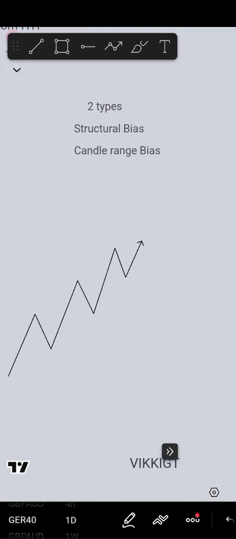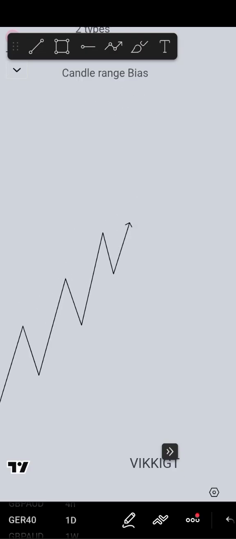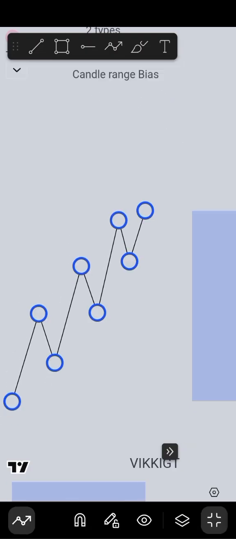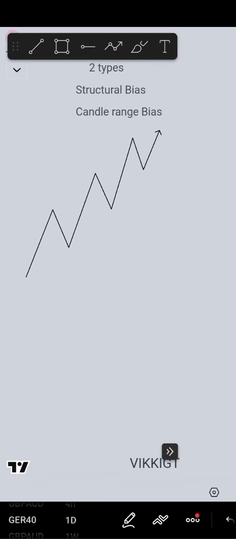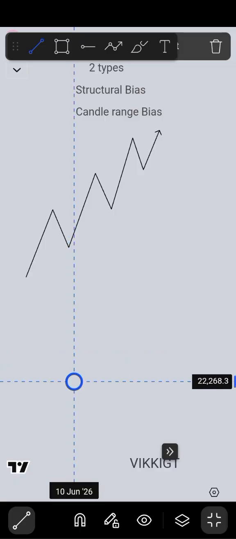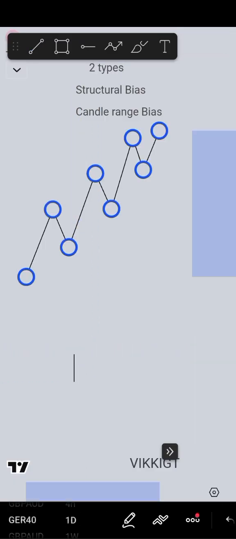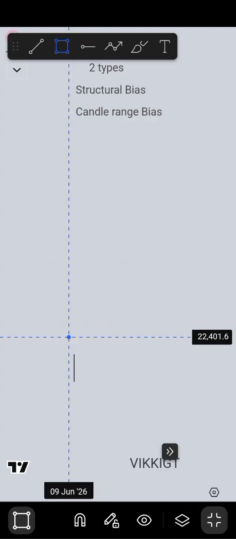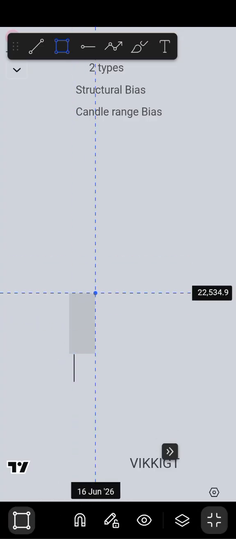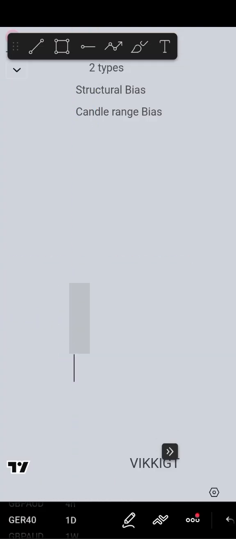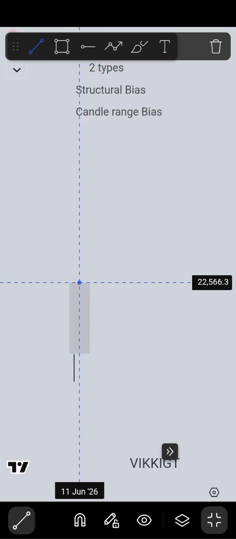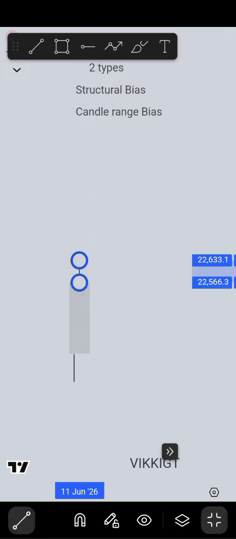Okay, let's also talk about the candle range bias, but I will not explain that deeply. Candle range bias is just identifying with single candle formations, whereby you have a single candle formation which is called the candle range. People call it the CRT, candle range theory, or the PO3, whatever you know it as, whereby you expect price to take out the high of a candle coming from a specific pricing level.